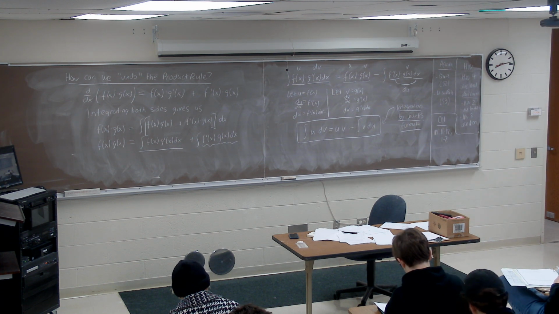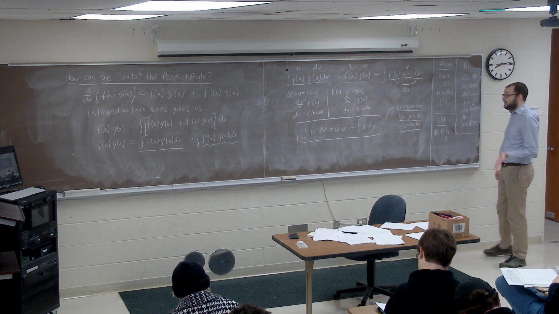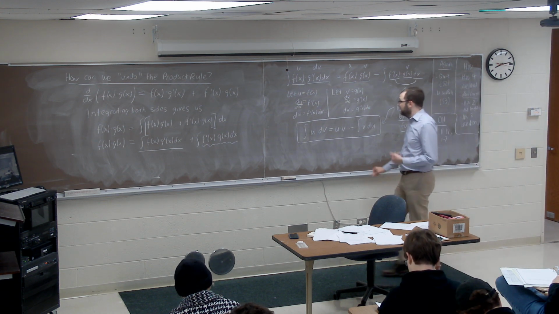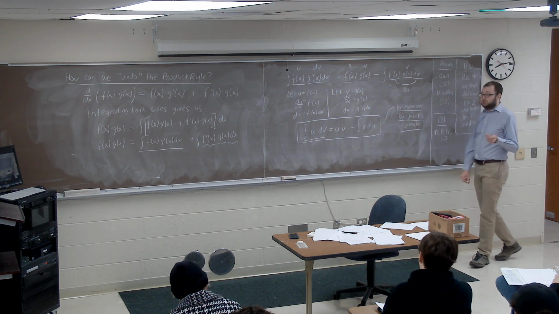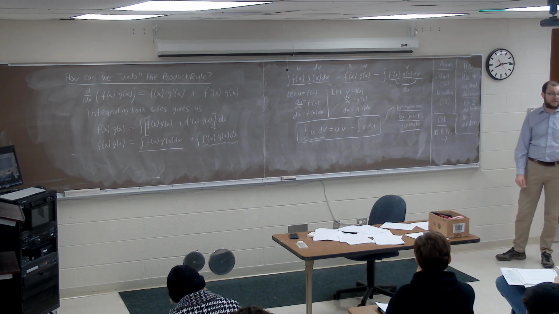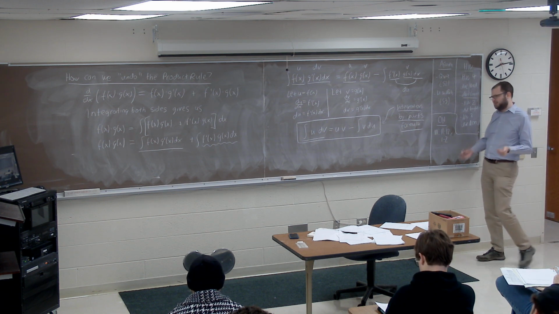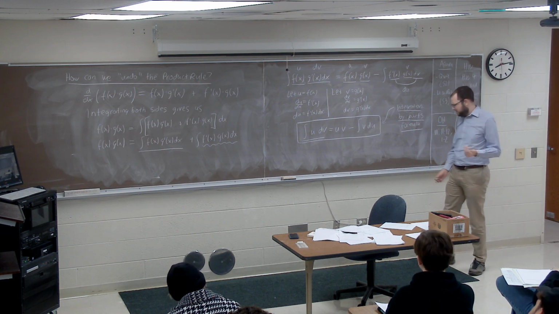So ultimately, what this formula is going to give us is a way of taking an integral that's written in this form, integral of u times some dv, where u and v are both terms that get involved in a substitution.